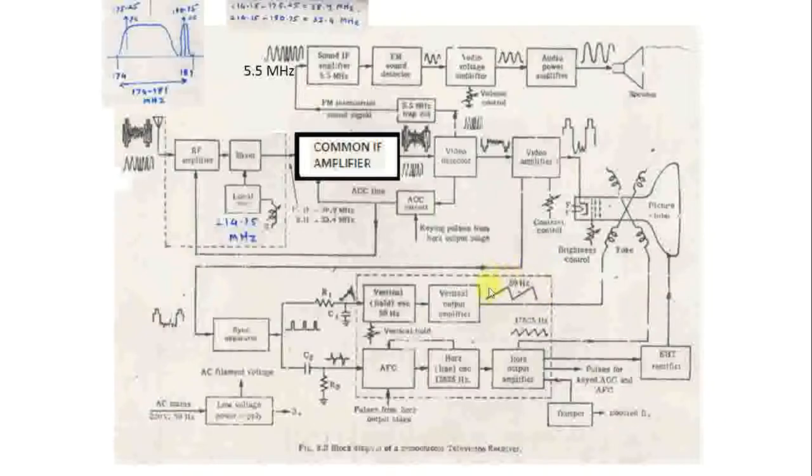The V oscillator output is 50 Hz and the H oscillator output is 15625 Hz. Ramp signals are available, so the nature of these waveforms is ramp. The 50 Hz ramp output is given to the vertical coil, and the 15625 Hz ramp output from the horizontal section is given to the H coil.